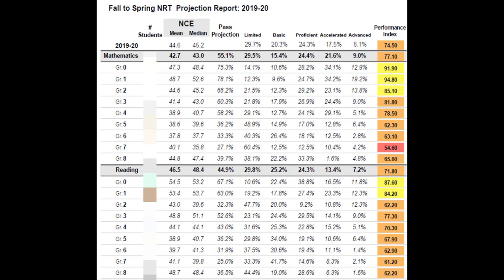So to start with this report, we'll look down through it. Obviously on the left is the subject and then the grade level that we're looking at. The number of students that are in each of these calculations by grade. And then we're looking at the mean or the average NCE by subject, math, reading, and then the average by each grade level. So we can look for areas that are struggling more or performing better than the others. And we can easily compare those from grade to grade and subject to subject.